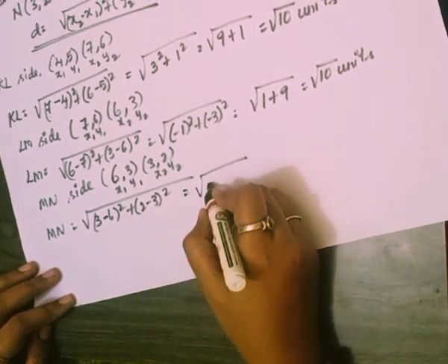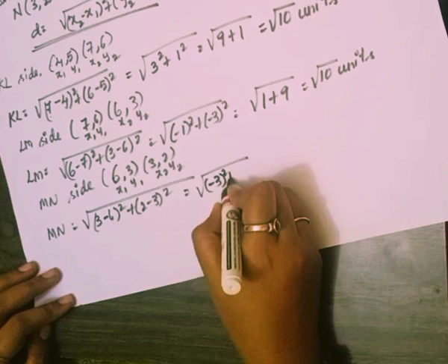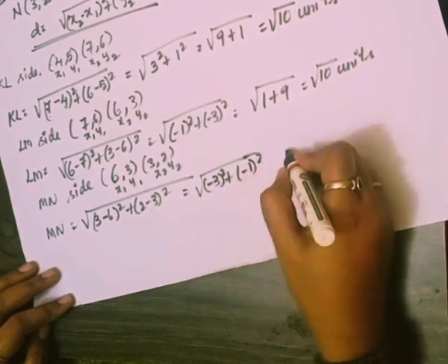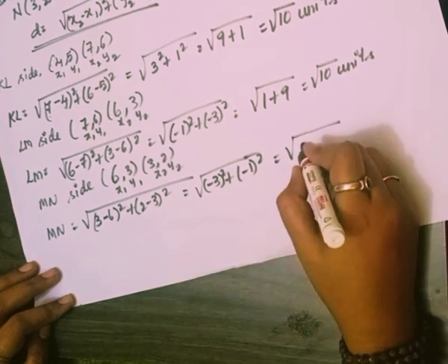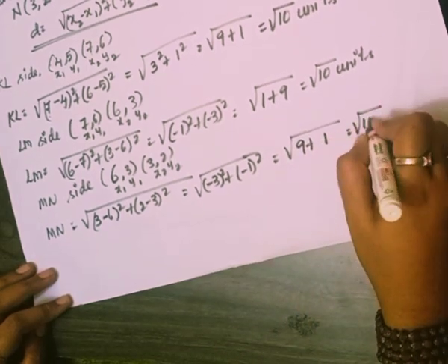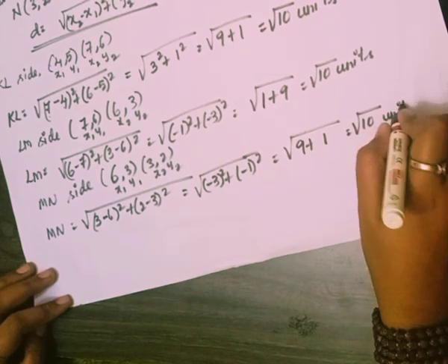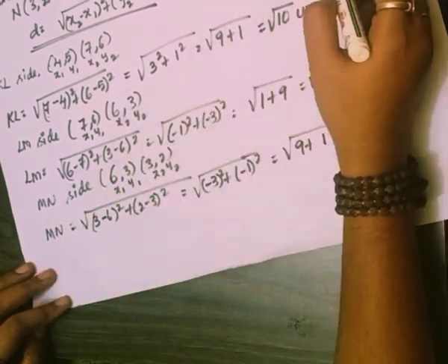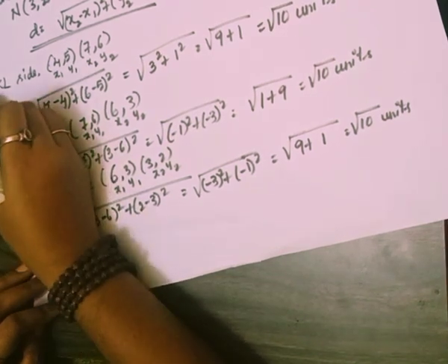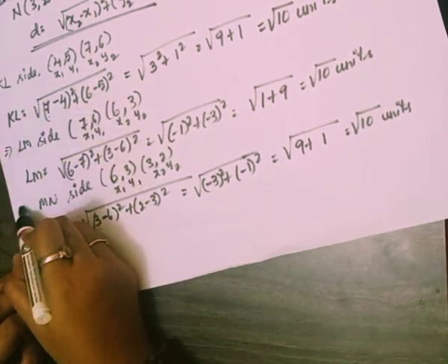Now what is 3 minus 6? I'll get minus 3 whole square plus 2 minus 3, we'll get minus 1 whole square. So 3 square is 9, 1 square is 1, we'll get 10 units. Next, the last side we have, that is KN. Now we will go with the KN side.